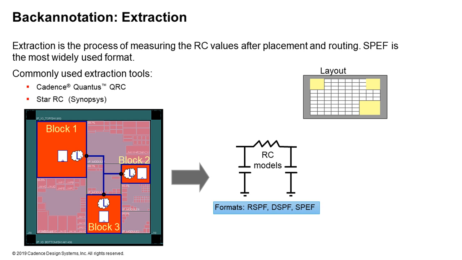Those RC models, when reduced, give you either the RSPF, DSPF, or SPEF. The SPEF is the widely used format, and this is what is later converted by the delay calculators into actual delays.